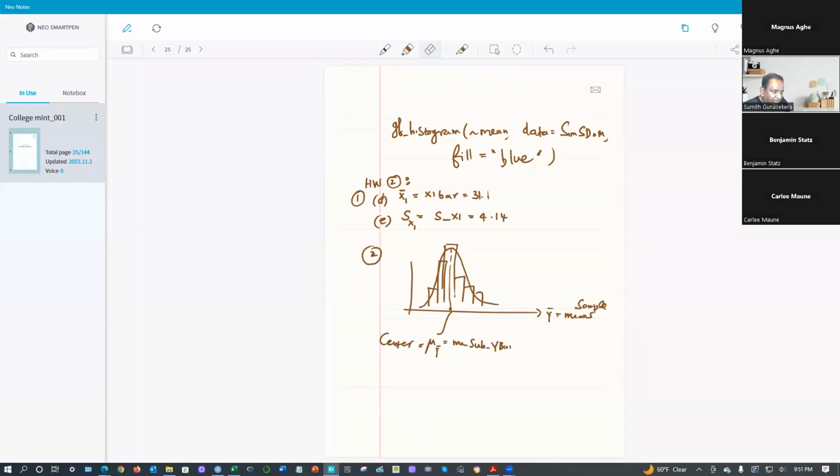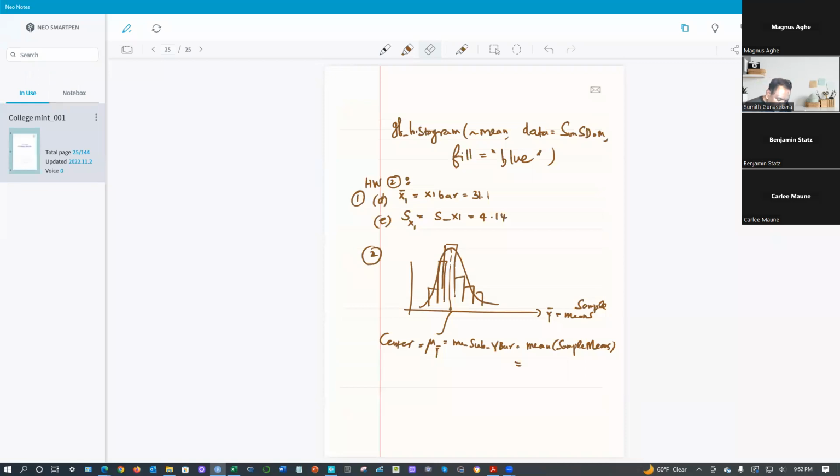Mu sub y bar is the mean of what? Sample means. So it's the mean of sample means.